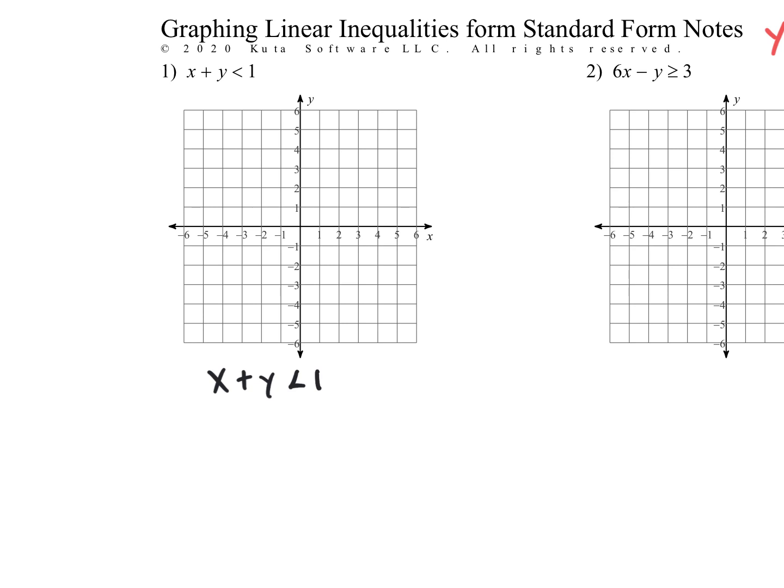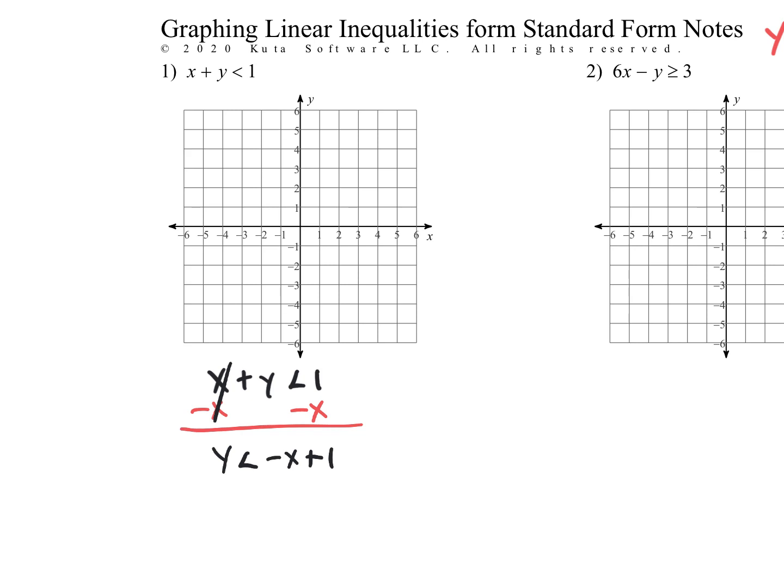You want to get y by itself. Well, here's what's happening. x is being added to y. How do you undo a positive x? You're right, you subtract it. So you will subtract it from both sides and get y is less than negative x plus 1.